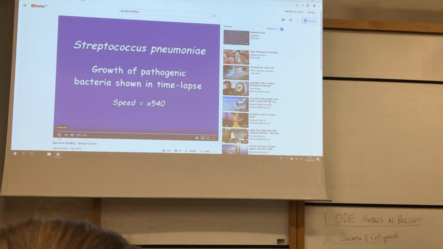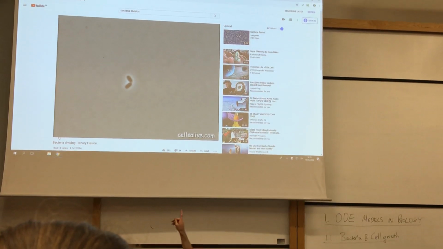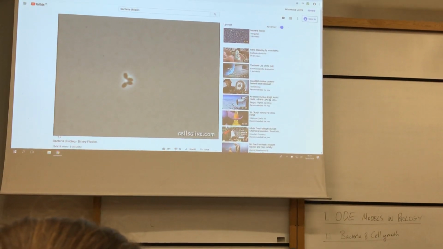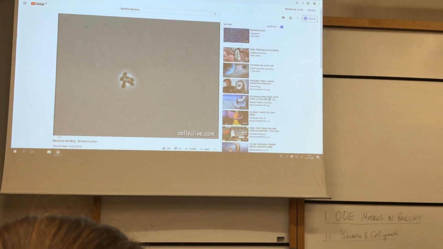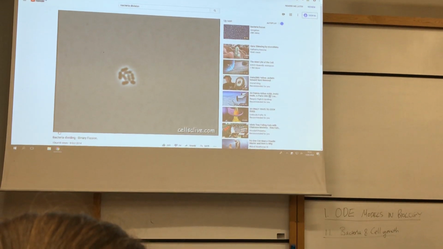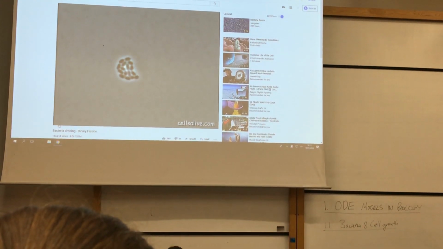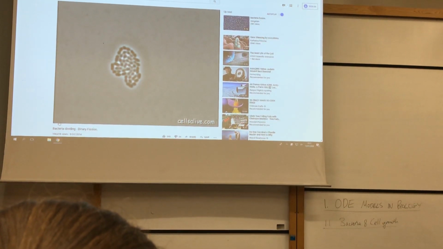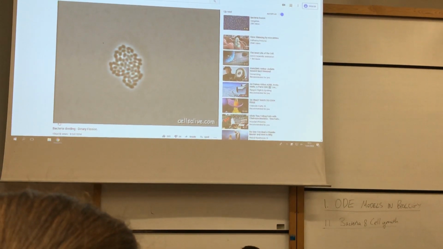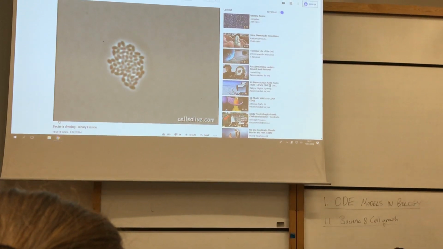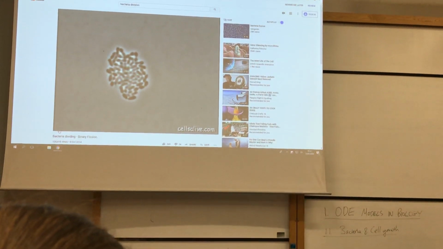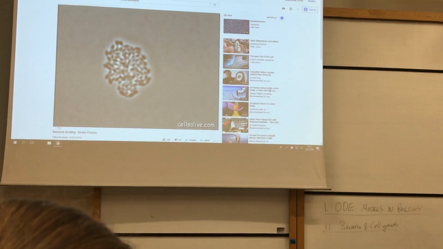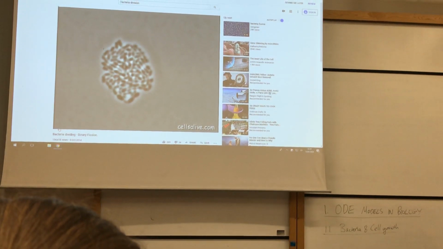We have lots of bacteria in our body. Some of them are harmful, some of them are good. And bacteria, if you give them the right environment, the right nutrients, will grow, and they will grow very quickly. Certain bacteria, roughly every 10 or 15 minutes, are able to divide, and that can give rise to a rapid growth of the population.